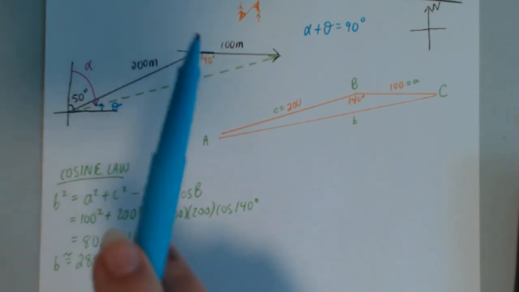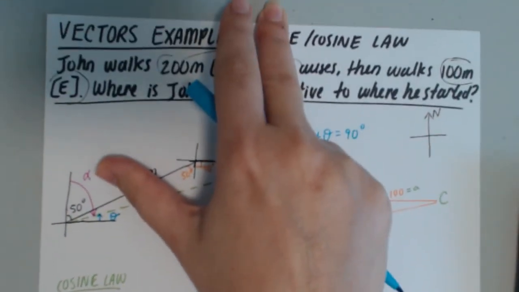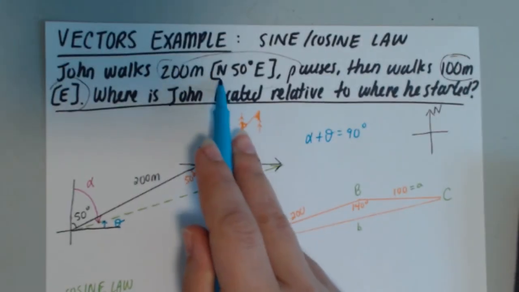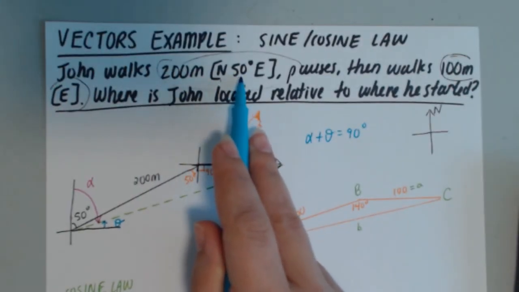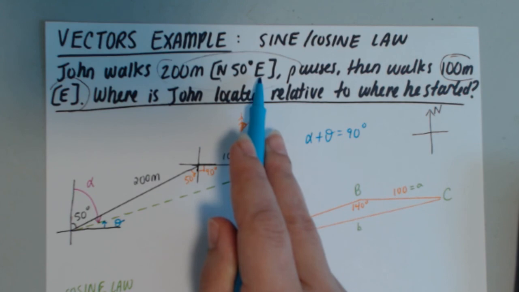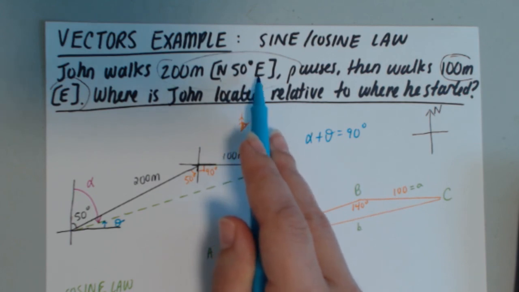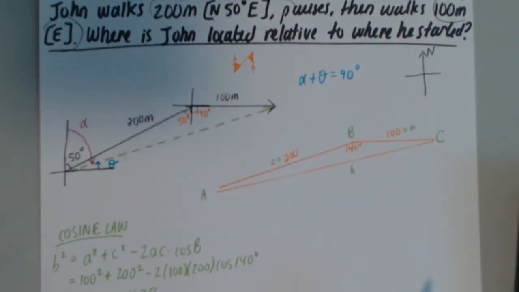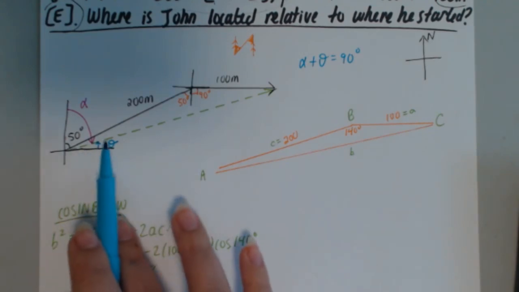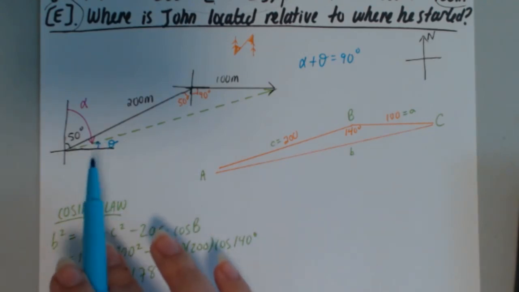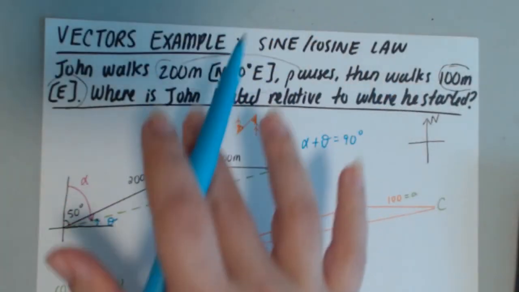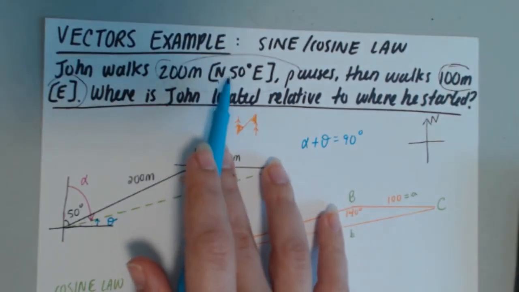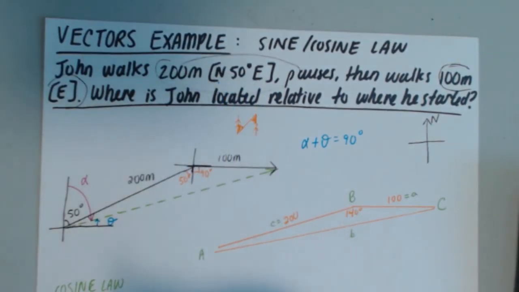Whenever you see the direction given like this, you start at the first compass direction and rotate this many degrees towards the other direction. Some of you might say, you already have theta, why don't you just say east theta degrees north? Well, the convention is you always put north or south first, and then you put the angle east or west, all right?